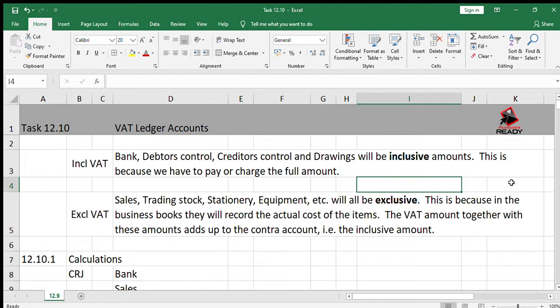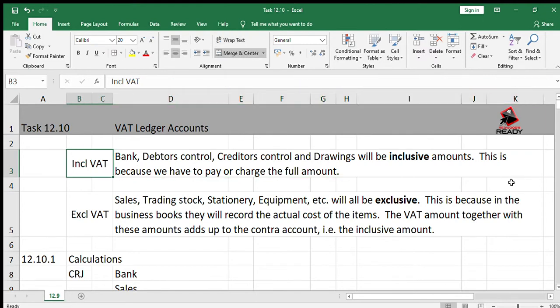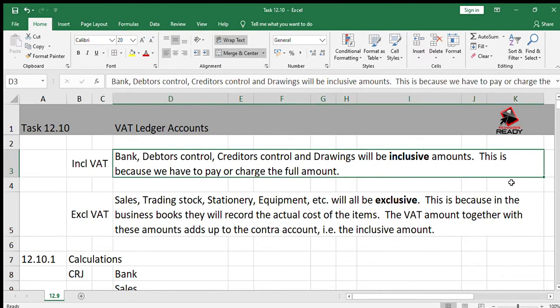Okay, so those which include VAT are bank, because you always receive or have to pay the full amount. Debtors control, same reason, when our debtors owe us money, they owe us the full amount including VAT. Creditors control, when we owe our creditors money, we owe them the full amount including VAT. And drawings, because when the owner takes goods for personal use, then obviously the VAT is included in that figure.